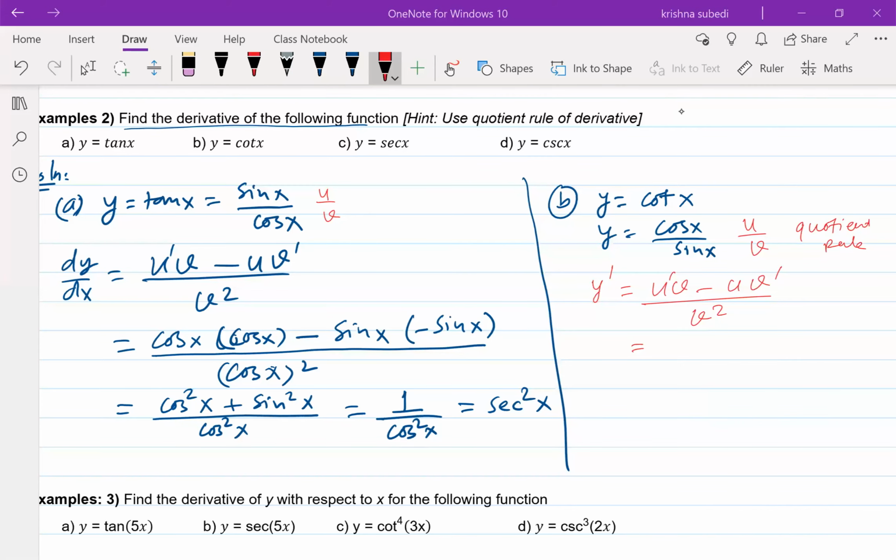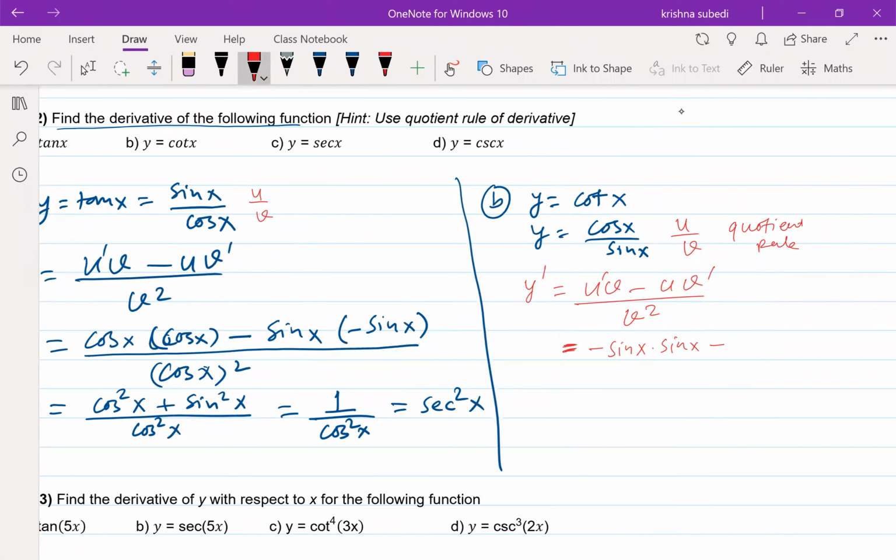Okay, thank you guys. So you all got absolutely the right answer here. We just use the quotient rule. Using the quotient rule, u prime means the derivative of cos x, which is minus sine x, and then copy v, which is sine x, and then minus copy u, which is cos x, and the derivative of v, which is sine x, means it will be cos x again, divided by v squared, which means sine squared x.